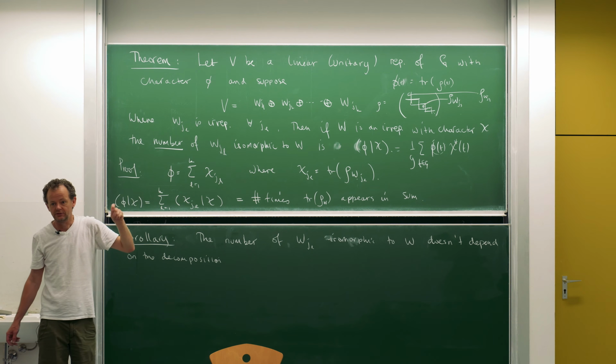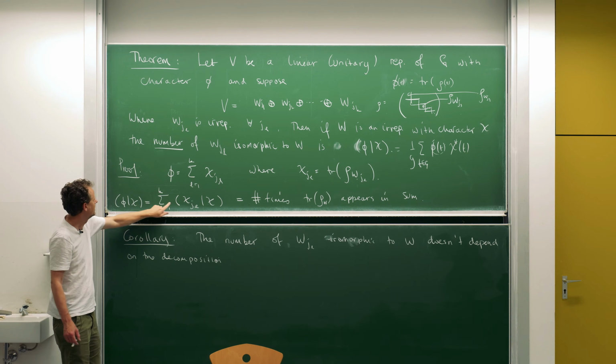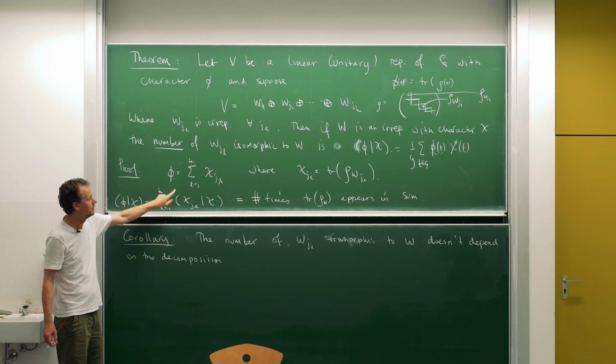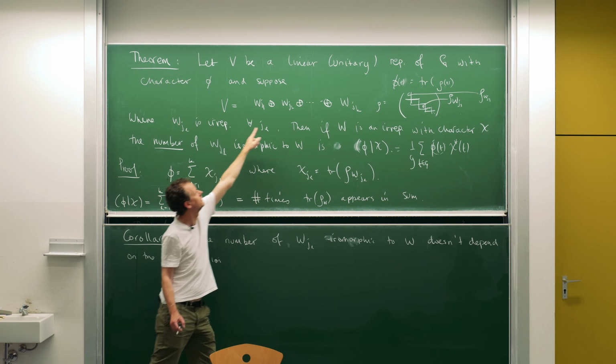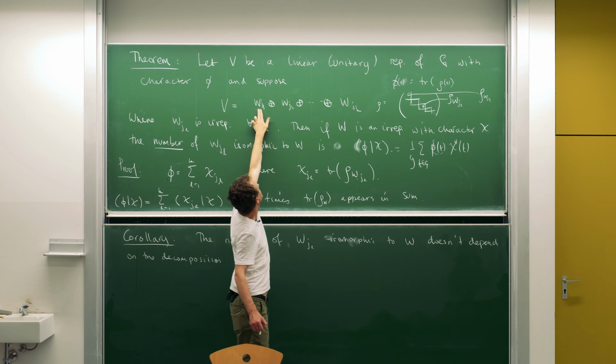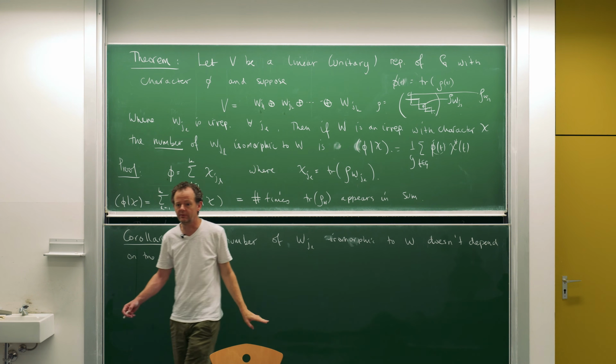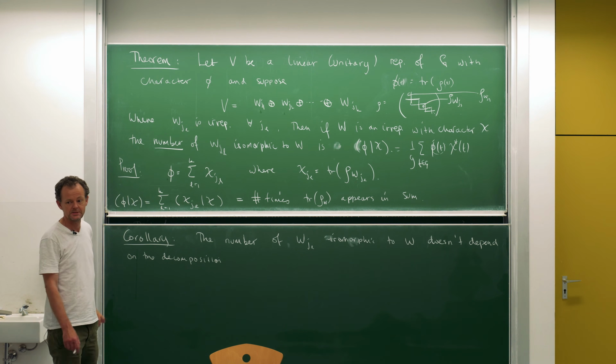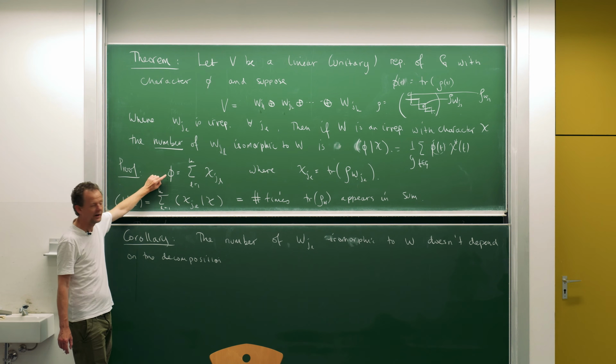The way you can convince yourself of that is to notice that this is a well-defined equation, meaning that the phi doesn't depend on the indices we've used here. So the trace of that character doesn't, if I decided to put that irreducible representation second and the other one first, then I would get the same phi at the end.